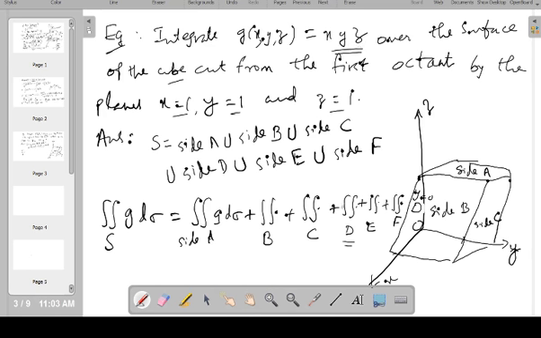So the surface integral over D will be equal to 0. Similarly, look at side E, the back side of this cube.